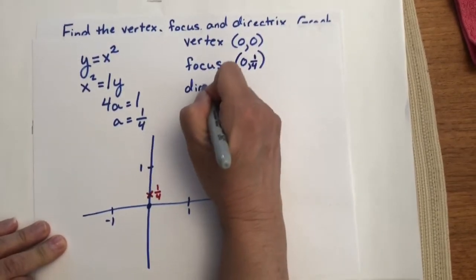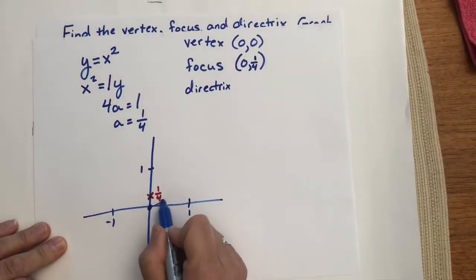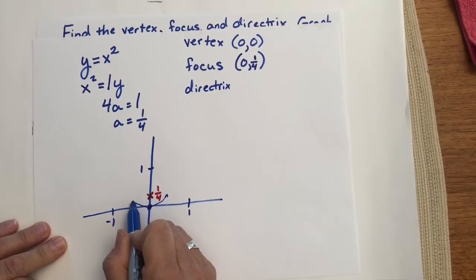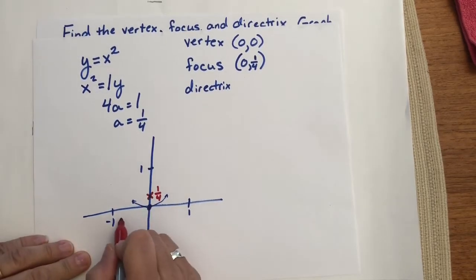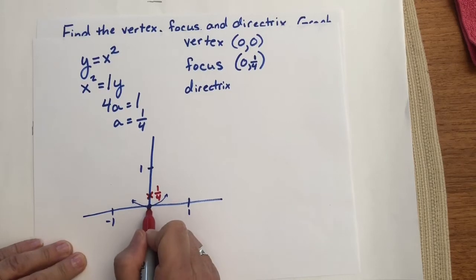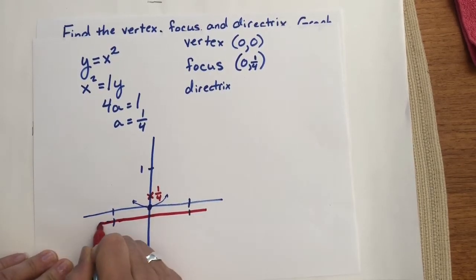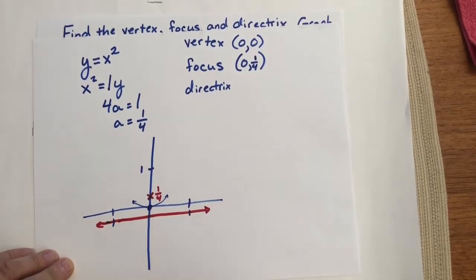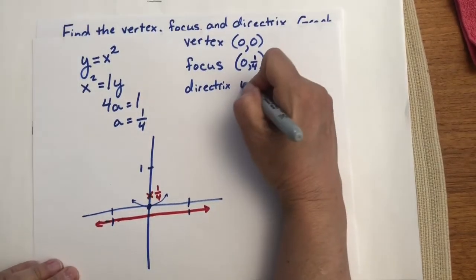And the directrix, right, let me just roughly draw it here. The directrix is on the other side of the parabola in the same distance away from that vertex. So it looks like this. This time we have a horizontal line, and we know equations of horizontal lines are always y equals a number.